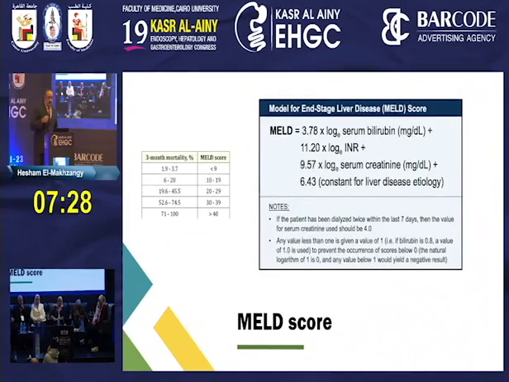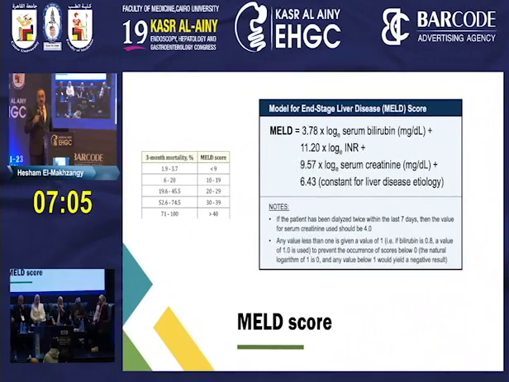Now, over time, the limitations of the Child-Pugh scoring system were exposed, and another score came by. That's the MELD score. It was initially developed by the Mayo Clinic, and it avoided the limitations of the child score, which is the objectivity of the score.